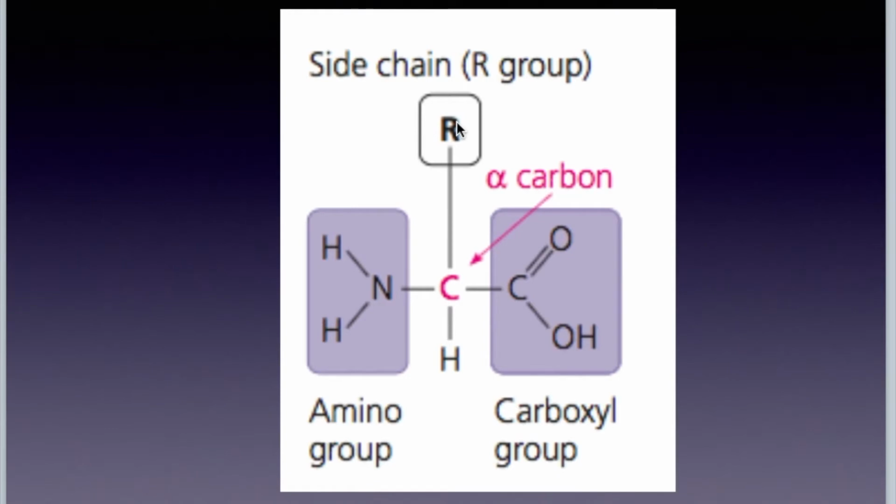So the amino group, alpha carbon, hydrogen, and carboxyl group are all the same in the 20 amino acids that we'll be talking about today. What makes them different is the R group.